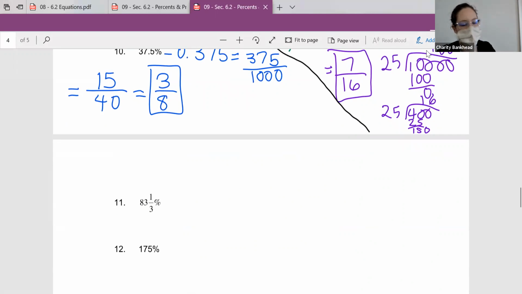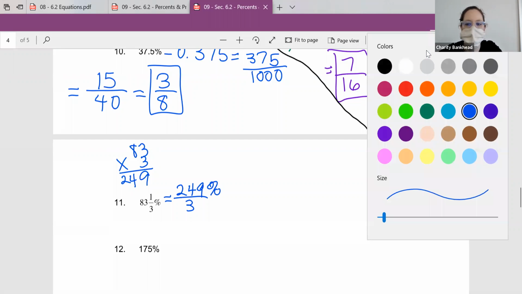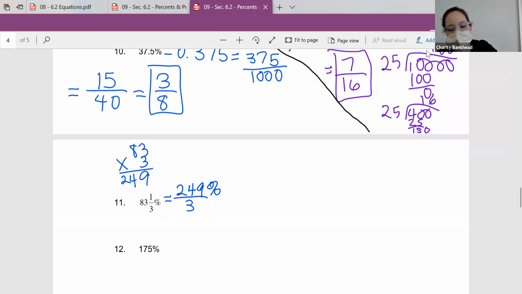To change it to an improper fraction, I would have to multiply 3 times 83, it's 249. So it's going to be 249 over 3. So I could call that 249% over 3, and then multiply that times 1/100%.